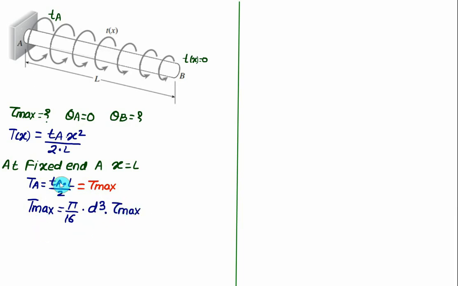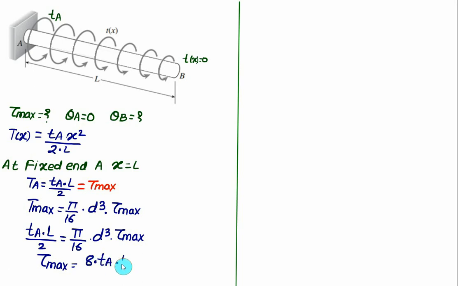So we have T maximum, the same as Ta multiplied by L divided by 2, equal to pi divided by 16 into d cube into tau max. So the maximum shear at end A is given as, these two will be cancelled, and with 16, 8 is left, 8 is multiplied here, so we have 8 times Ta multiplied by L divided by pi multiplied by d cube.